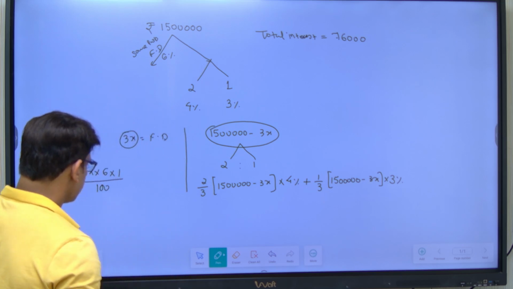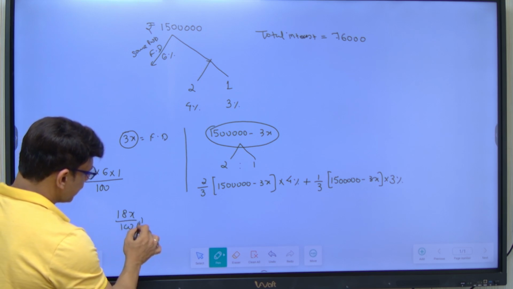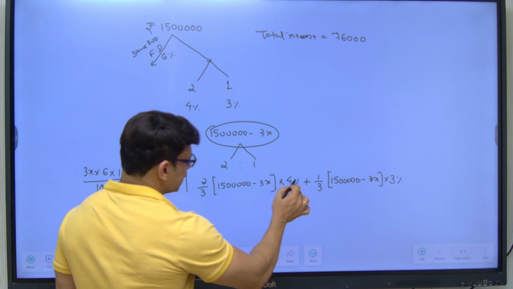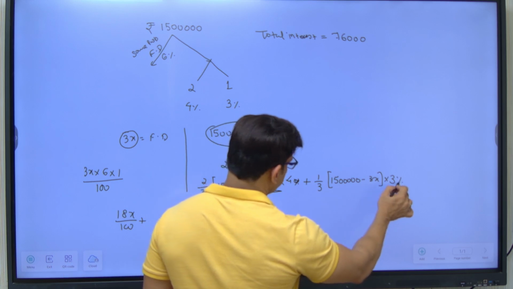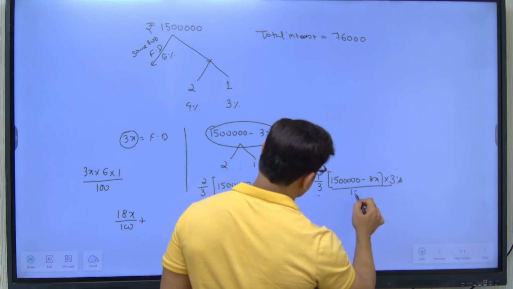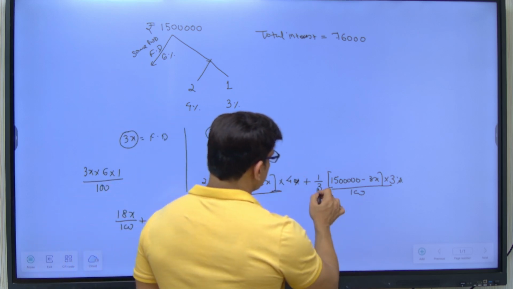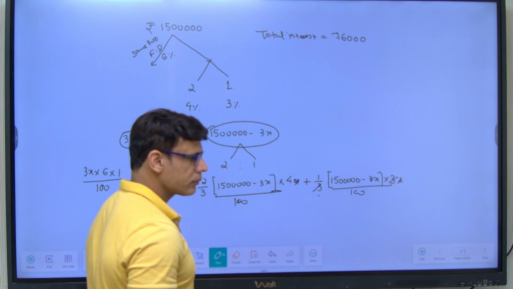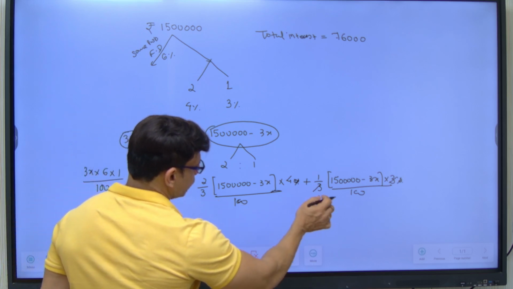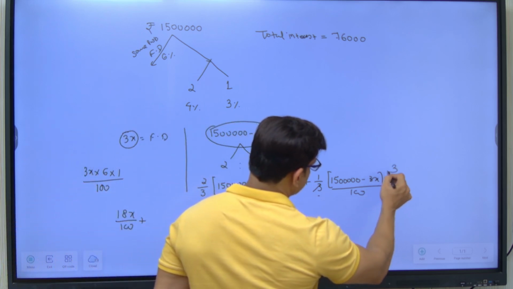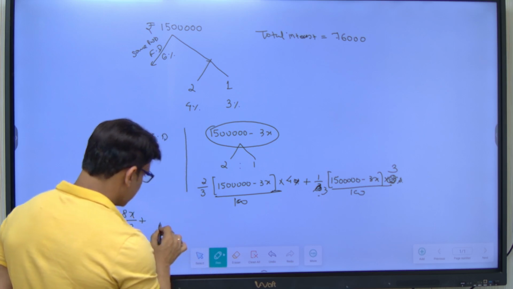Now, you just take this 18x by 100, plus percent means I can write this by 100. Here you can cancel this 3 and 3, or you don't want to cancel it because it will be easy to take LCM, you can keep this as 3. So this is 300 and this is also 300.